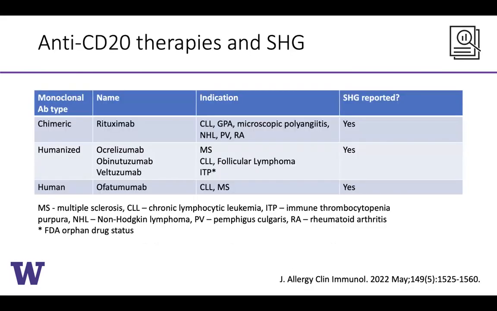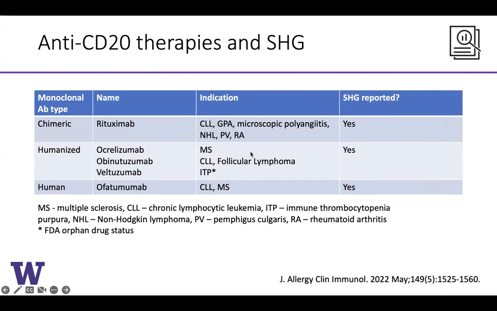This is just a table. I thought it would be worthwhile listing the different kinds of anti-CD20 therapies, so we are more familiar with the names and what's known about how they affect the immunoglobulin level. Rituximab, we're all familiar with, used for a wide range of conditions. There are also now the humanized and human monoclonal anti-CD20 antibodies listed here.